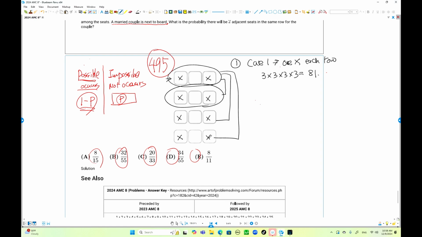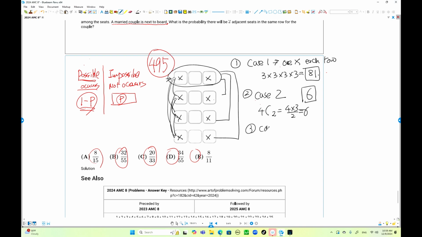Each row has 2 seats. That's the second case. How many? You can count here: 1, 2, 3, 4, 5, and 6. Or out of the 4 rows you can choose 2, because we need only 2. So 4 choose 2 is 4 times 3 over 2, which is 6.